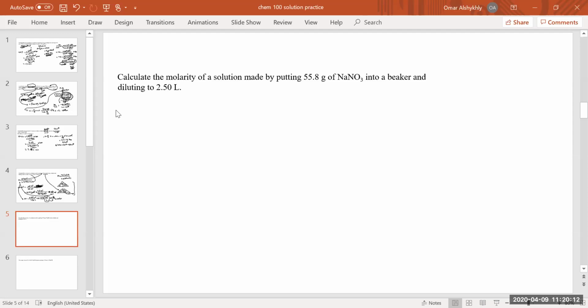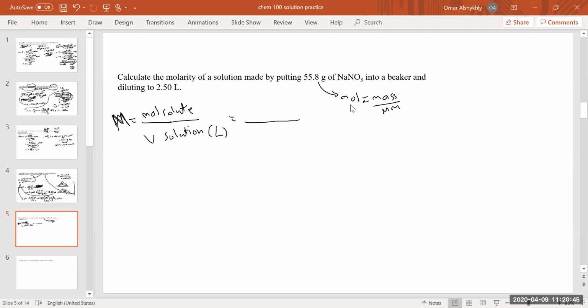The same thing, molarity, capital M, equals mole solute divided by volume of solution in liter. Now, mole solute, we don't have it. Let's calculate the mole. Mole will equal mass divided by molar mass.